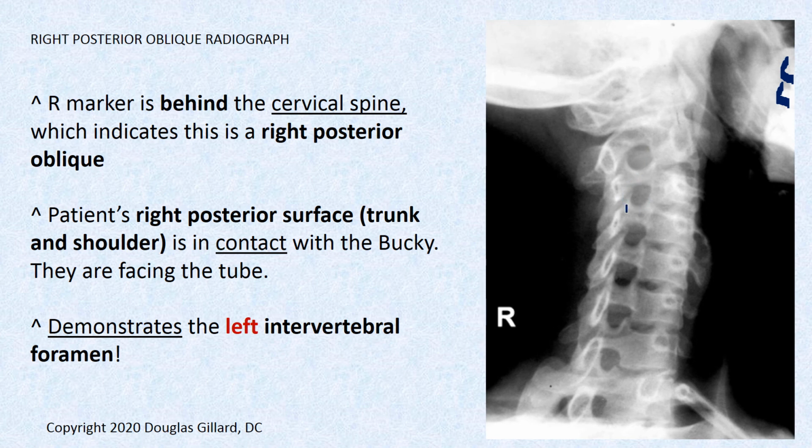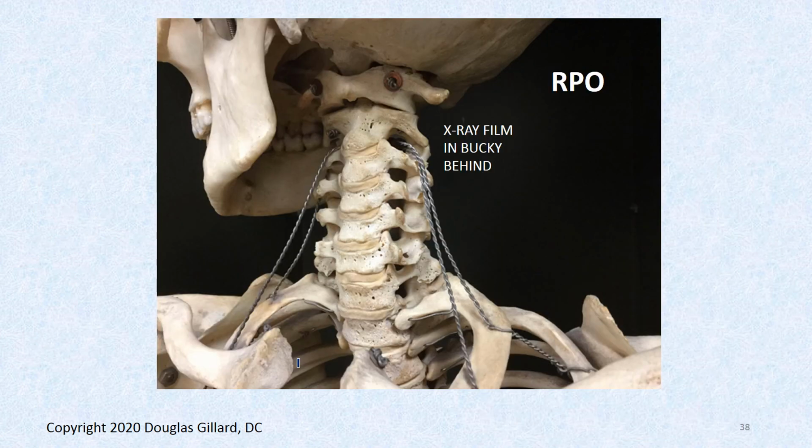So we know this is a right posterior oblique. The right posterior oblique shows the opposite side neural foramen. Okay? And the anterior oblique is the opposite of that. But I'm not going to go crazy on that.